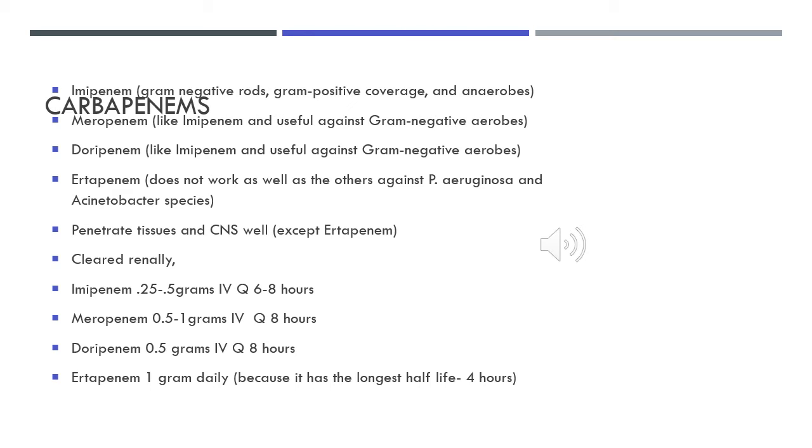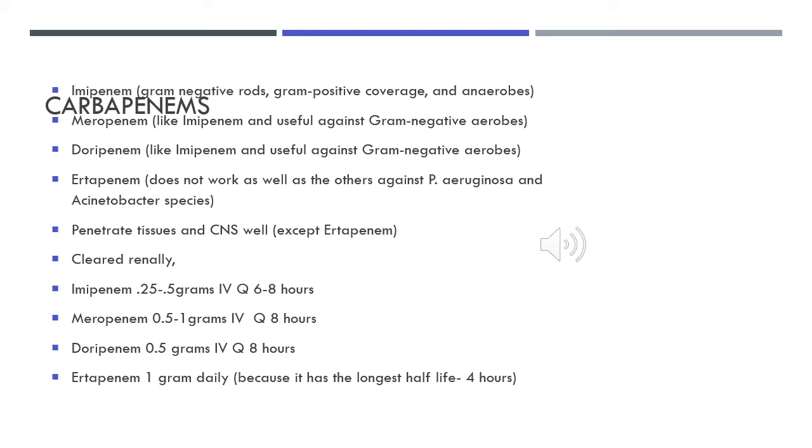Very similar to meropenem. A lot of times you'll see a hospital have meropenem and/or doripenem. I'm more familiar with meropenem. Ertapenem, which we don't see quite as often because it's the newest one, doesn't work as well as the other three prior agents against P. aeruginosa or Acinetobacter species.